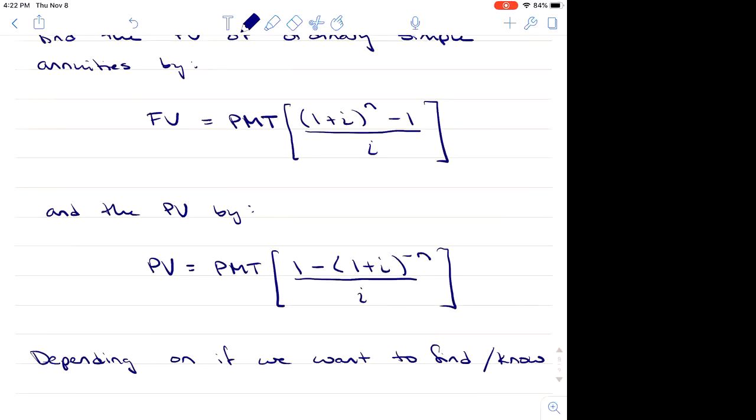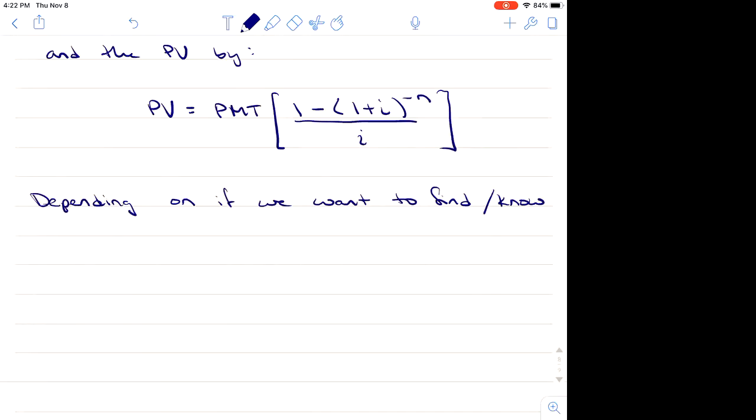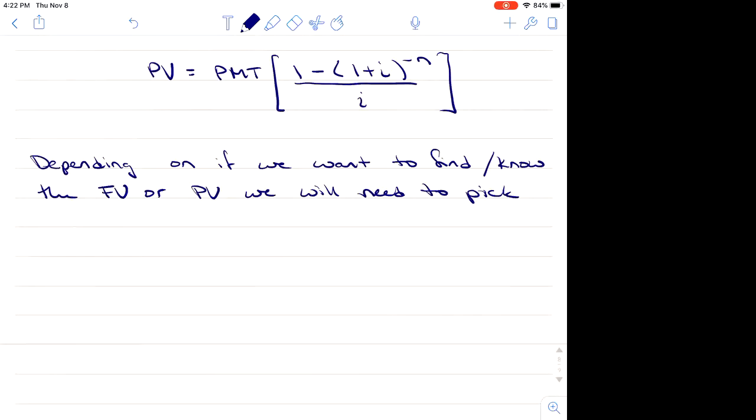Then we'd have to use the future value formula. We will need to pick the appropriate formula. Besides that, not too bad.